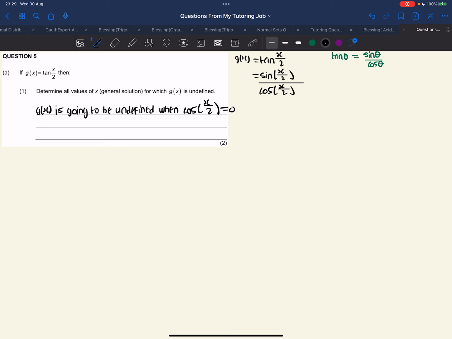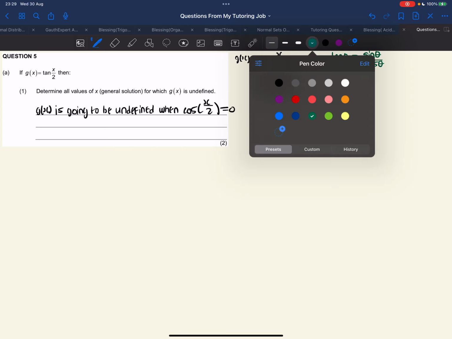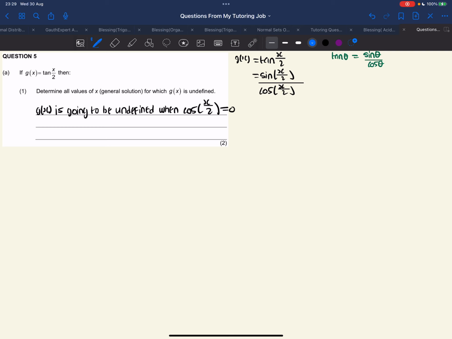All right, now I'm going to do the general solution. So now I see that cos of x over 2 equals 0.